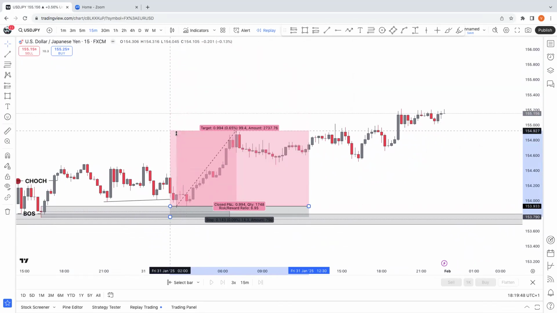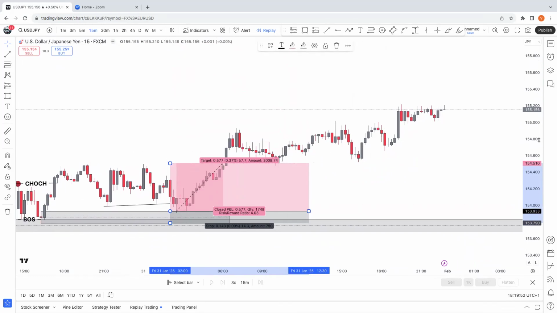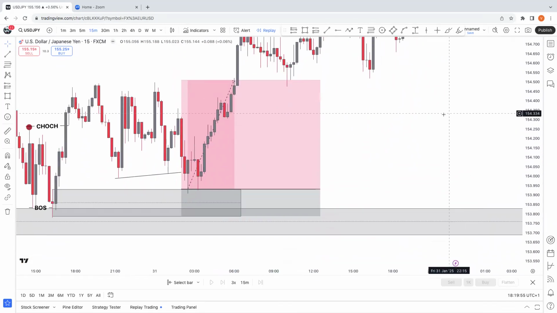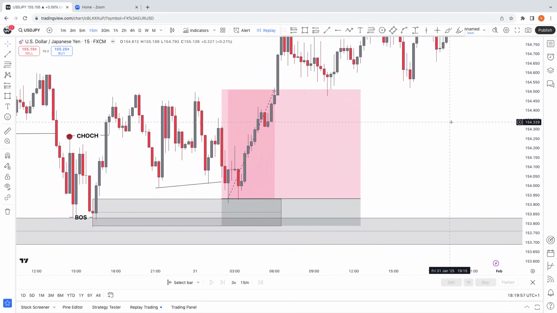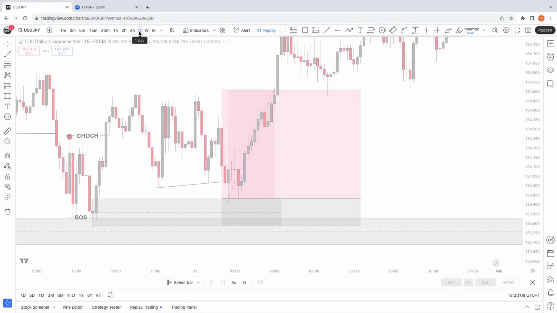And with this confirmation entry here, you'll be taking more high probability trades, and you'll be minimizing losses and maximizing profit because you're entering the market on confirmation on the lower time frame after doing your analysis from the higher time frame. Remember, just a quick recap now.